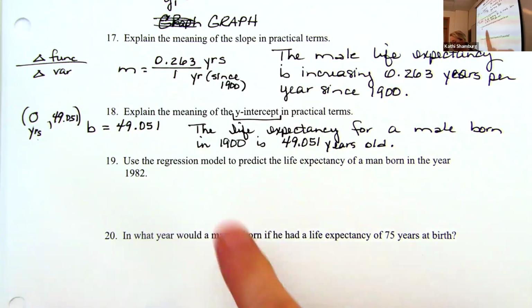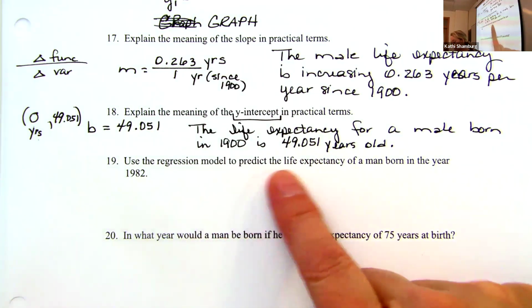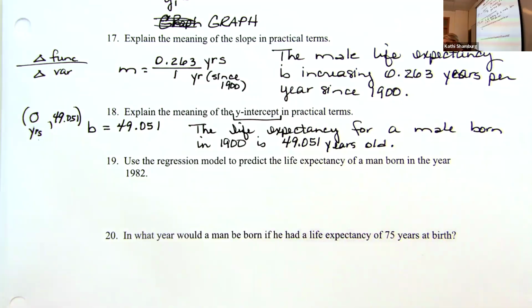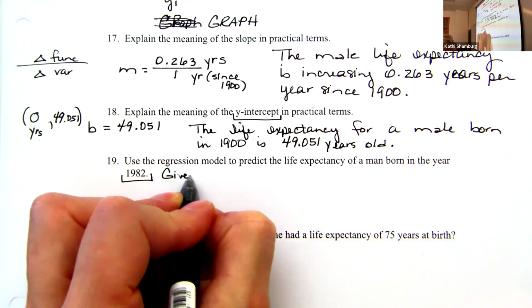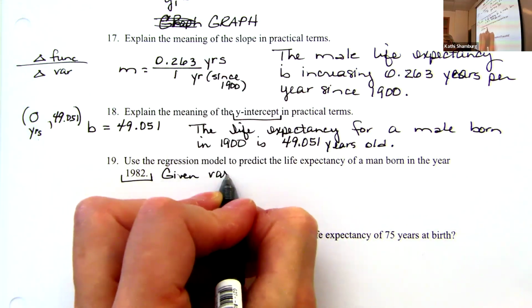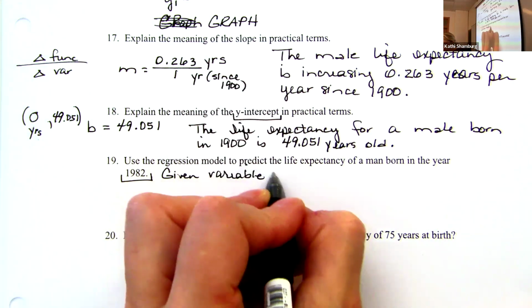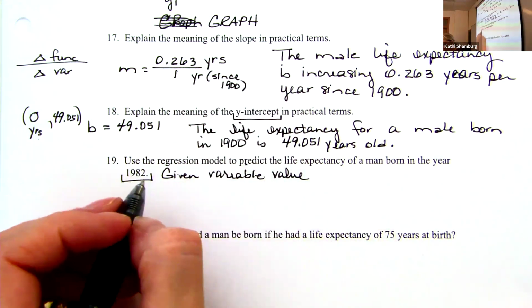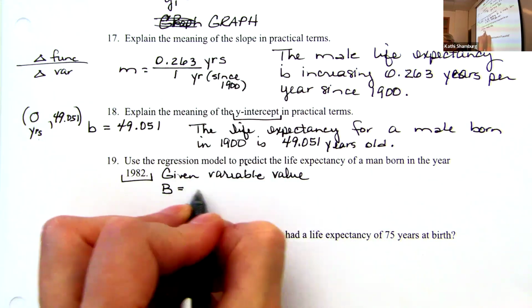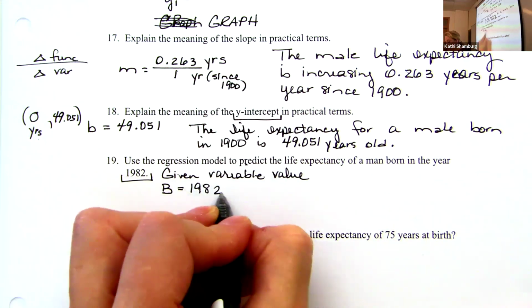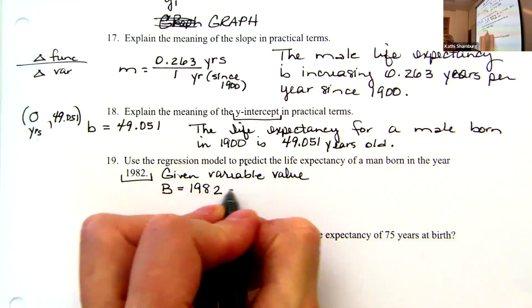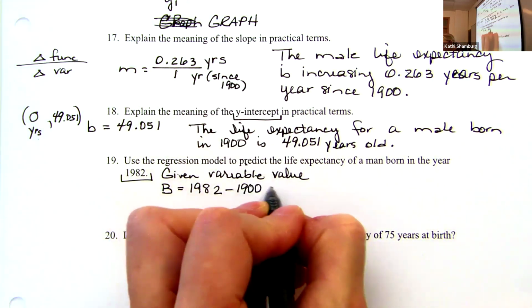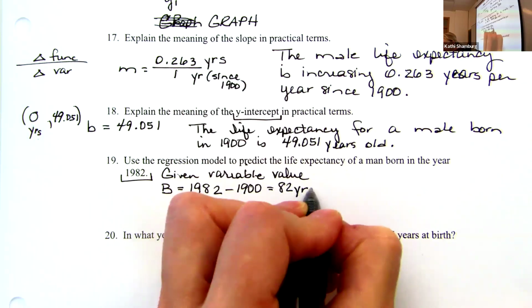Okay, use the regression model to predict the life expectancy of a man born in the year 1982. What's given? All right, now be careful on this because my variable is B. Am I going to plug in 1982 in for B? No. This is since when? Since 1900, so I'm going to take away 1900, so it's 82 years.